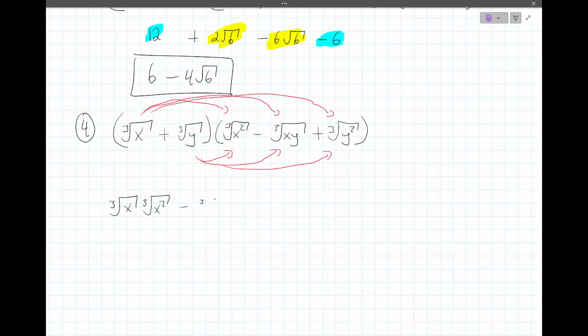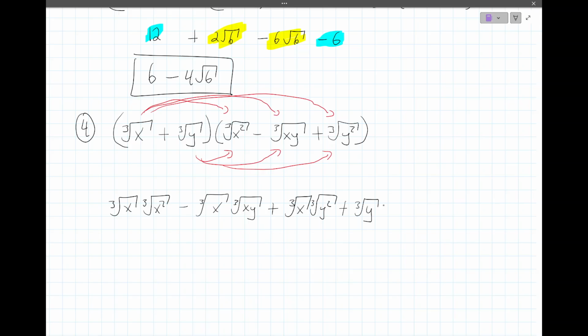I'm going to keep the negatives here in front because I know this will be negative and positive makes a negative: cube root of x times cube root of xy. And then I'll get positive, so plus cube root of x times cube root of y squared.